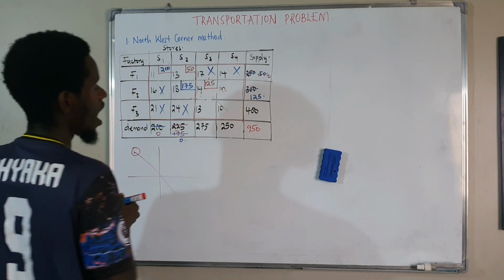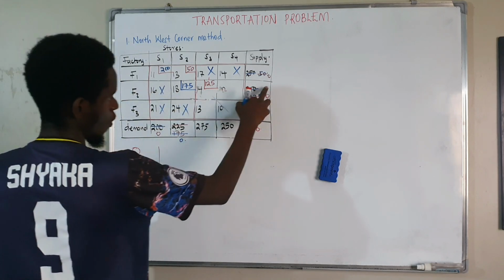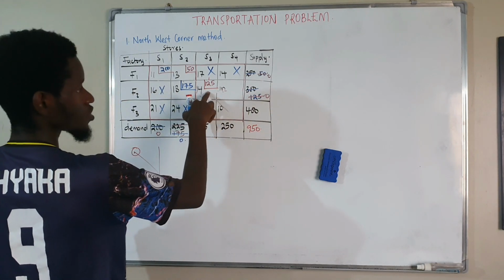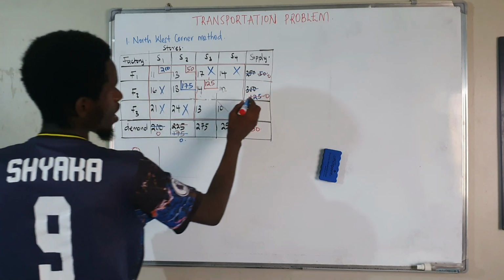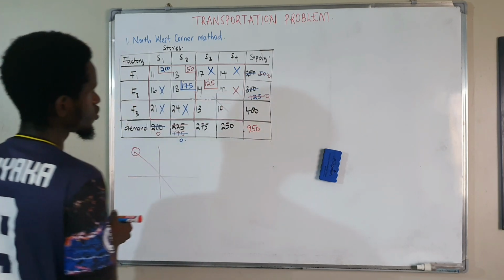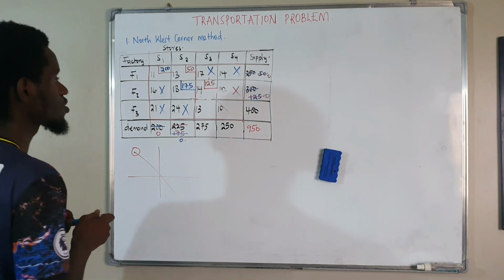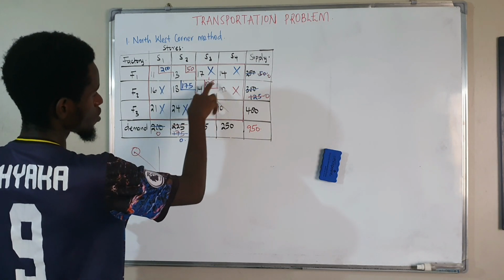This now goes to 0 because its supply is accomplished by supplying to store 3. If I'm left with 0, there's nothing that will be transferred to store 4.